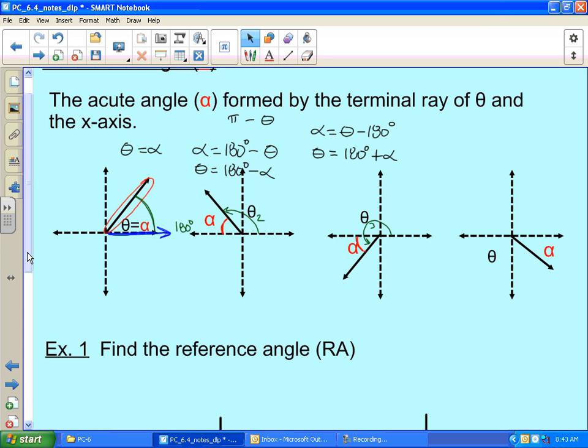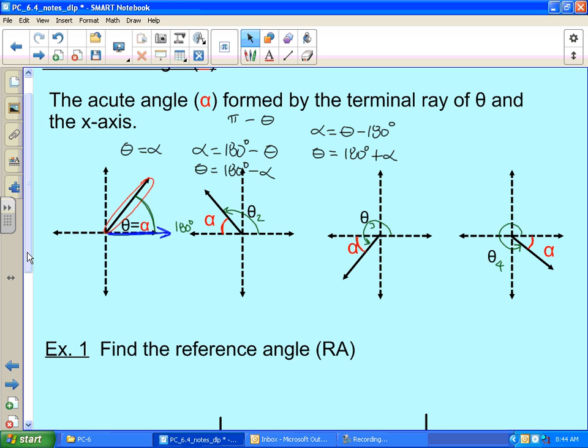And then lastly, quadrant 4's angle, we spin all the way around until we get over here. Call that theta 4. And once again, you'll notice the reference angle is a positive angle that comes from the x-axis. We haven't really mentioned that before, but we're going to refer to a reference angle as an absolute value.